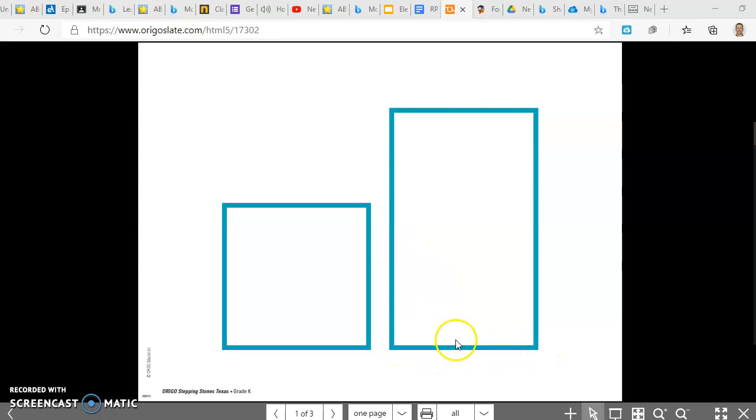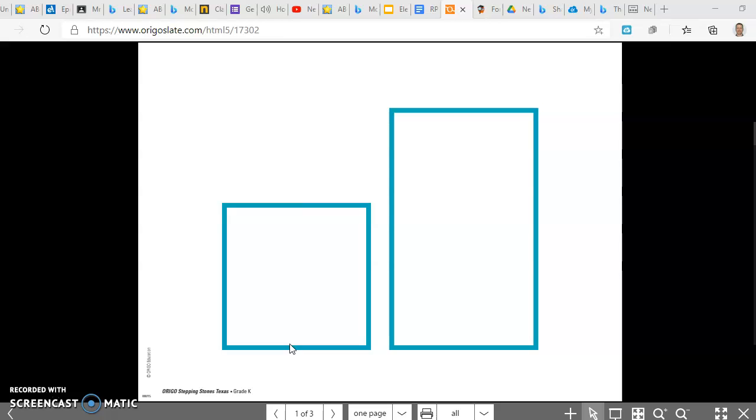This one or this one? This one, right? These two sides are both the same length, and they're longer than these two sides. So this is just called a rectangle. But since this one has four sides that are all the same length, it's called a square rectangle. And like I said, normally we just call them squares, but technically it's a square rectangle.